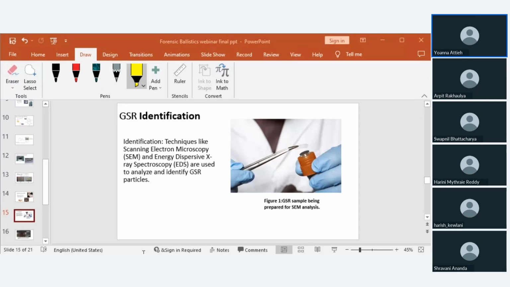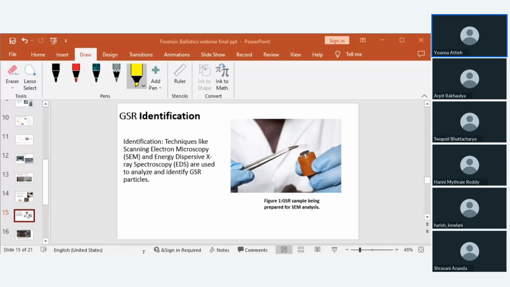For years, lead has been a key indicator in GSR analysis, but it's important to note that environmental concerns have risen. Lead-free primers are becoming more common in firearms. So this shift has made it necessary for forensic scientists to adapt their methods of analysis.